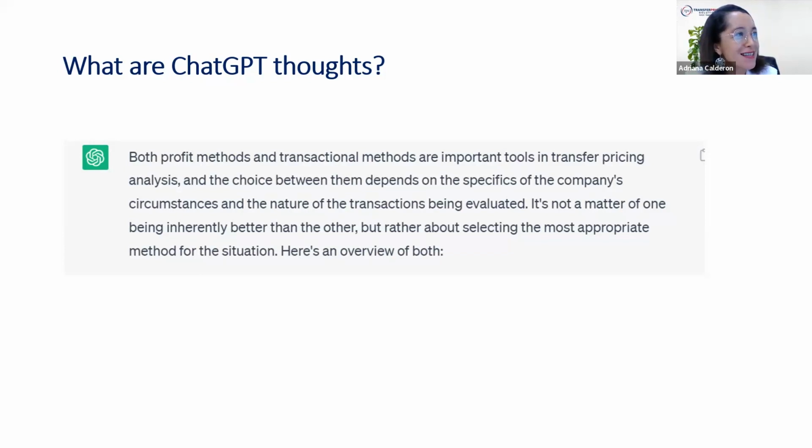Both profit methods and transactional methods are important tools in transfer pricing analysis, and the choice between them depends on the specifics of the company's circumstances and the nature of the transactions being evaluated. It is not a matter of one being inherently better than the other, but rather about selecting the most appropriate method for the situation.